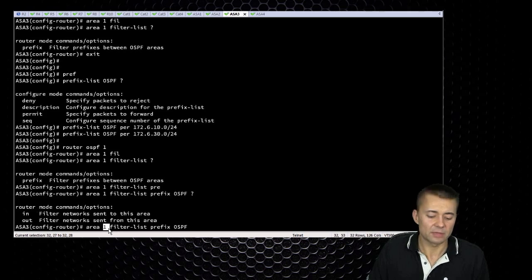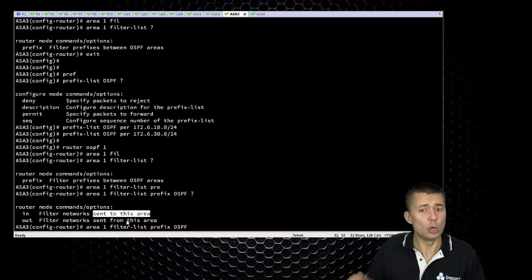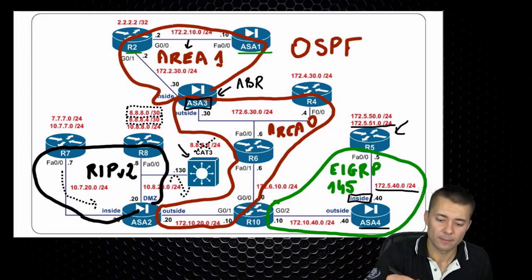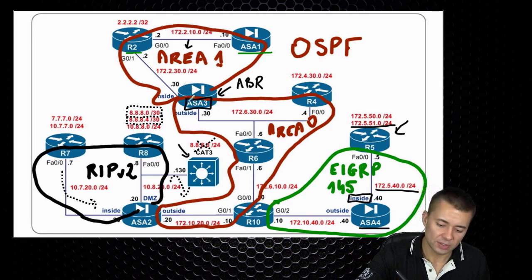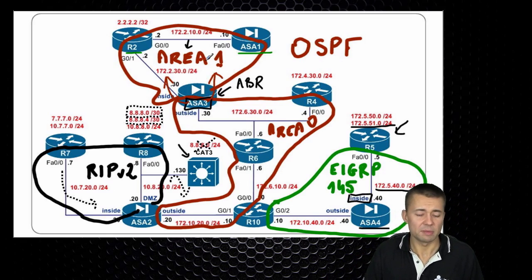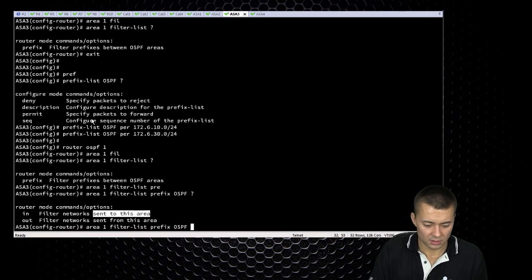So I said that I will be modifying the configuration of area 1, and this is going to affect the prefixes that I am sending to the area, which is to area 1, so from the backbone. So before ASA3 generates LSAs in this direction, from the backbone to area 1, I will be affecting this process inbound.